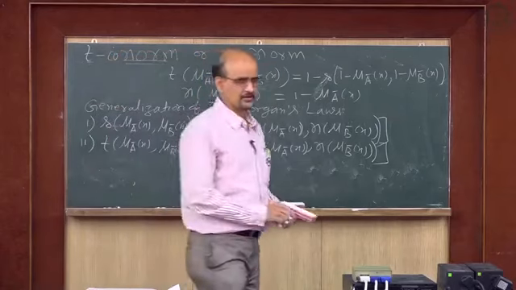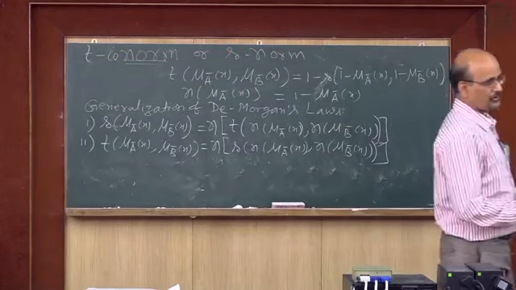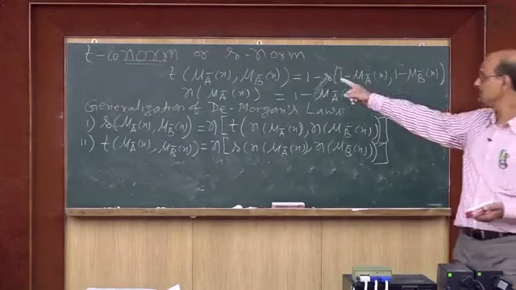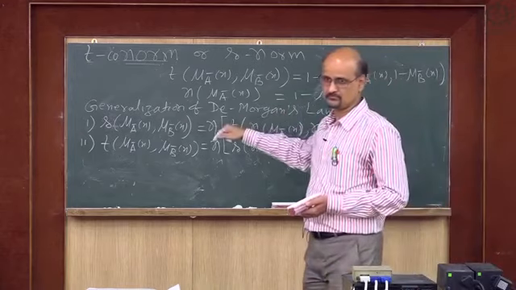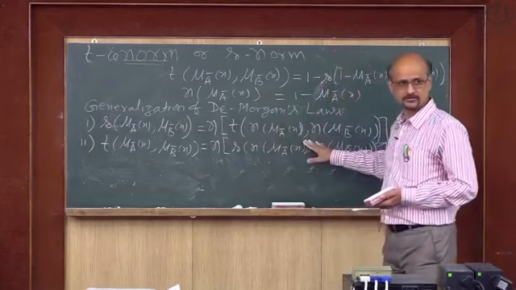These are the generalization of De Morgan's laws for t-norm and t-conorm. Let us prove one at least, this one let us prove.